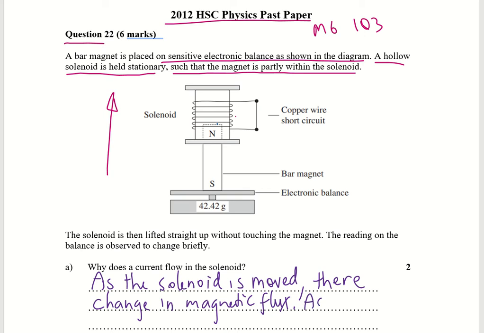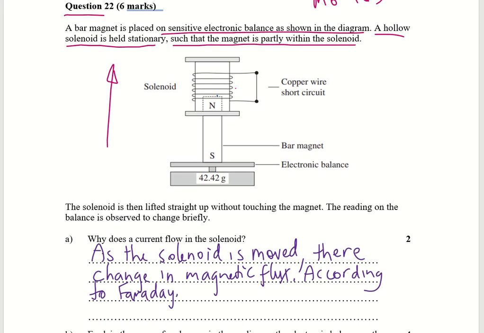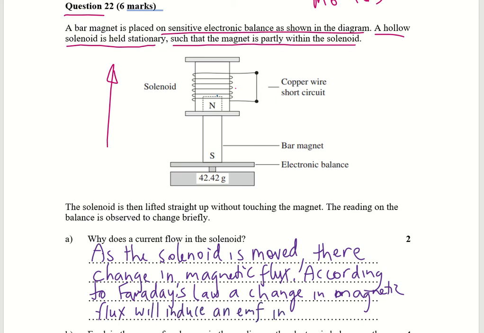Okay, now according to Faraday's law, a change in magnetic flux will induce an EMF in a conductor. That's how you answer that one. Cause and effect right there.